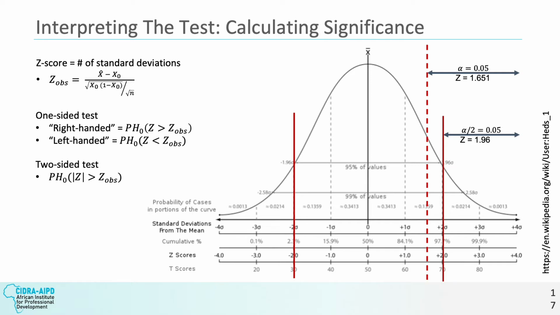The z-score is equal to the number of standard deviations away from the mean that corresponds to our desired confidence level. The p-value is the probability of our observed z-score being greater or less than the z-score under the null hypothesis. If our alternative hypothesis states the observed z-score will be less than the null z-score, then we look at the right-hand side of the distribution curve.